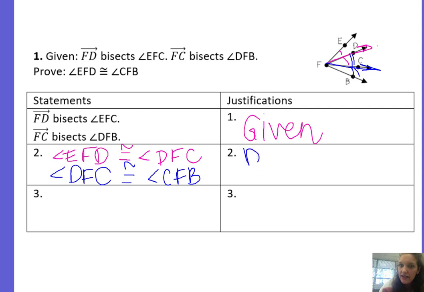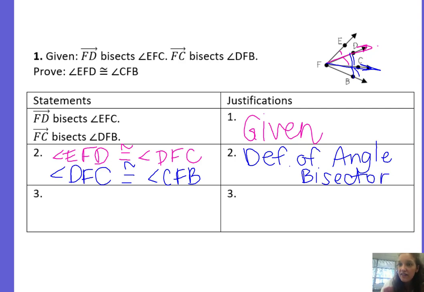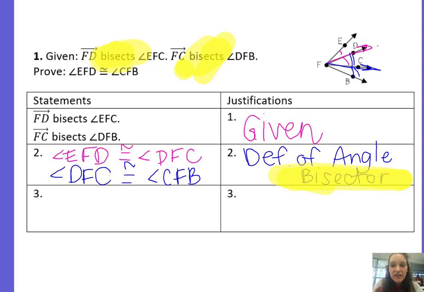Well, by the definition of an angle bisector. It told me in the given that that bisected an angle. So I see the word bisects in my given. I'm probably going to use definition of angle bisector somewhere in my proof.